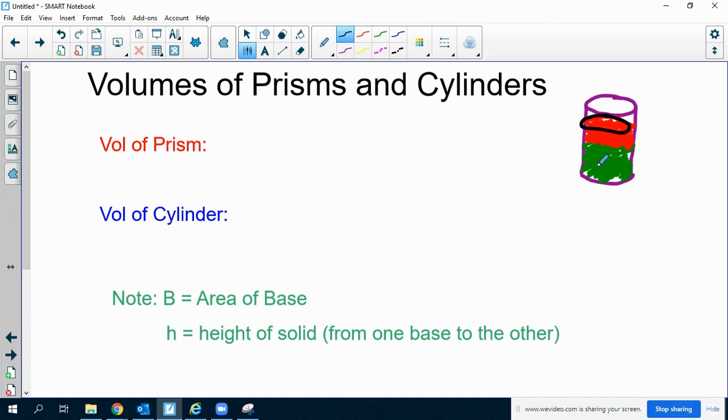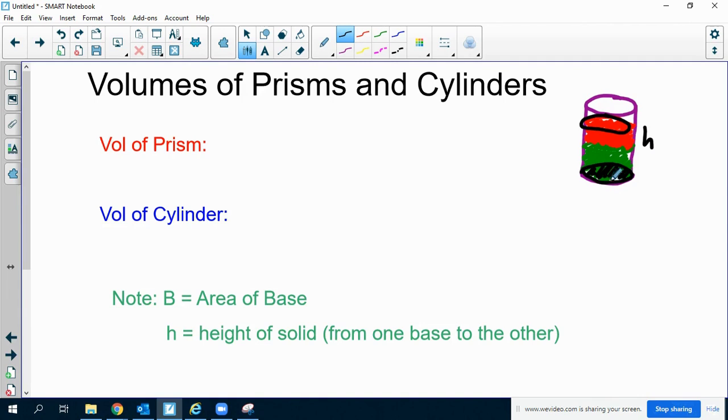And remember last video we were talking about cutting these into the shape of the base all the way up to the top. So there'd be a bunch of circles all the way going up. Basically what's happening is I'm taking the shape of the base and I'm multiplying it by the height.